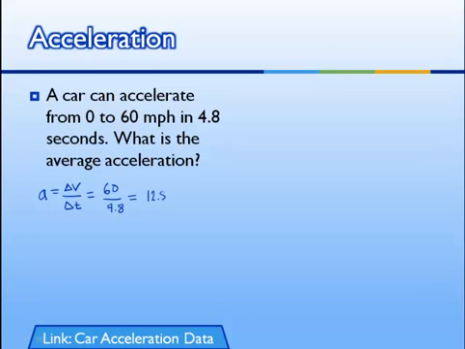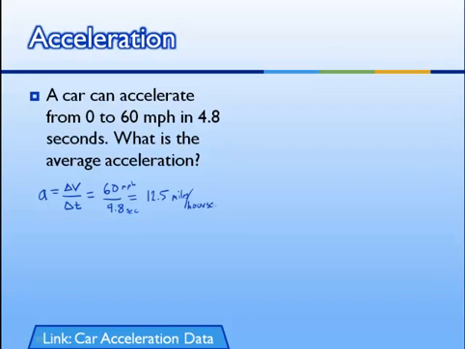But 12.5 what? 12.5 meters per second squared, 12.5 miles per hour squared, 12.5 G's? Hardly. 60 miles per hour, and on the bottom here, 4.8 seconds, means that our units here are 12.5 miles per hour second.